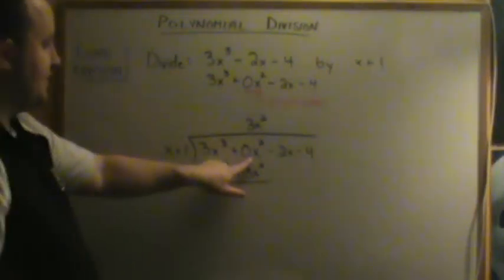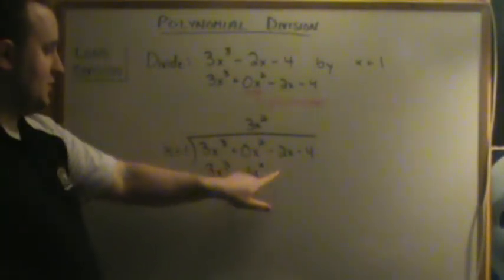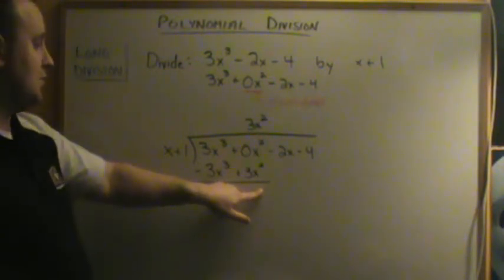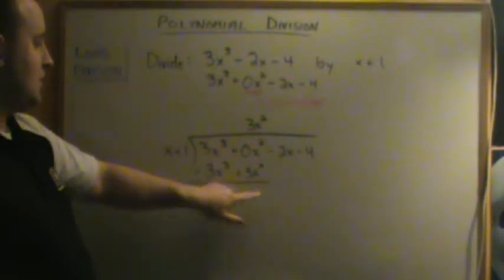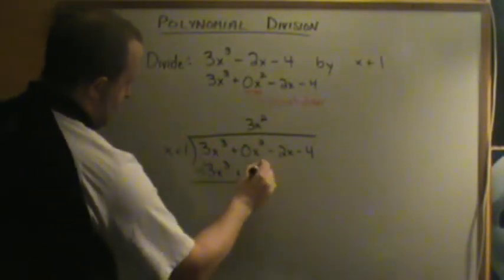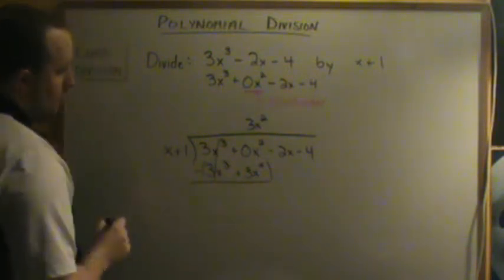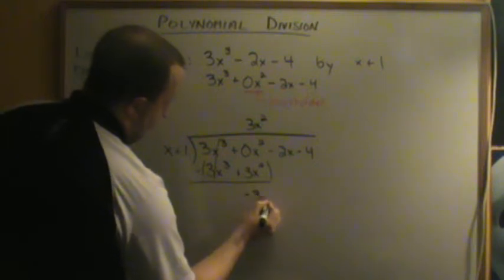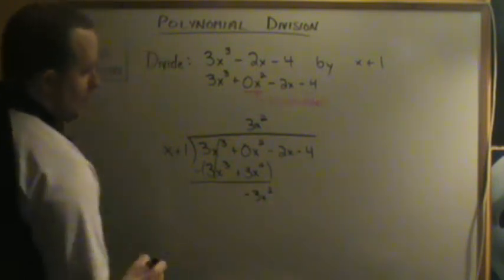Notice if we didn't have a placeholder, we would have an x term and an x squared term over top of each other. That's not appropriate. We don't want that to happen. We want x squared over x squared. So now when we subtract these terms from each other, the 3x cubes go away, and 0 minus 3x squared is negative 3x squared.